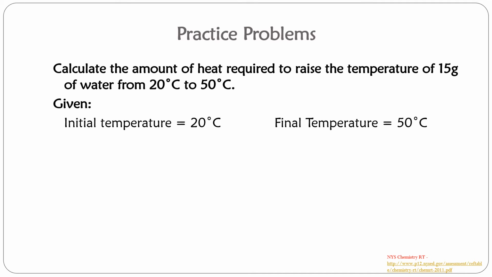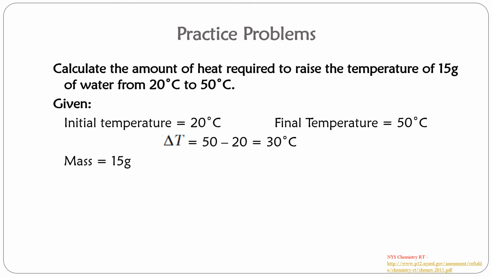We are given the initial temperature, which was 20 degrees Celsius, and the final temperature, which was 50 degrees Celsius, which means we can go ahead and find delta T, which is the change in temperature. Change is always final temperature minus the initial temperature. So we'll do 50 minus 20, and we'll get a delta T of 30 degrees Celsius.